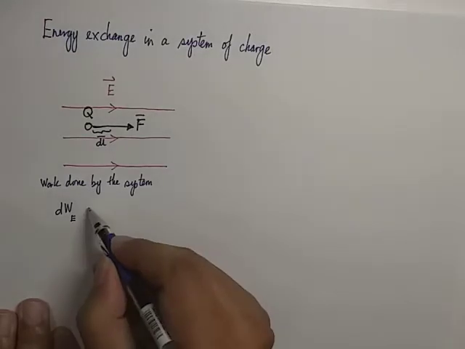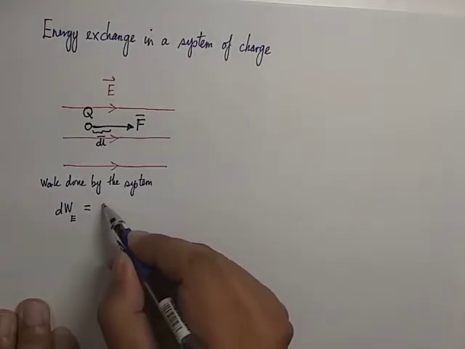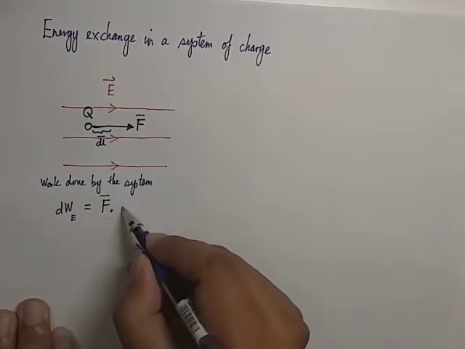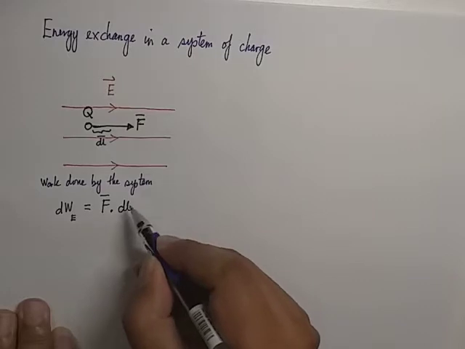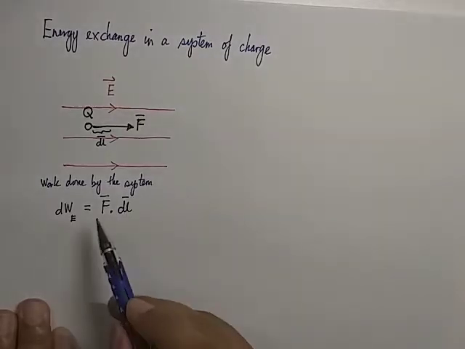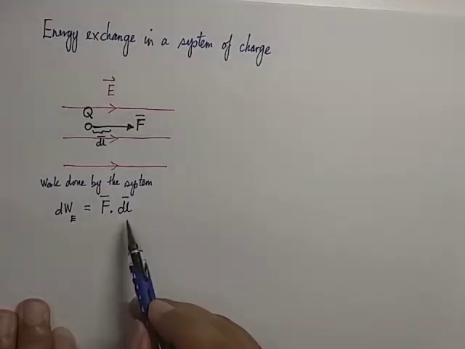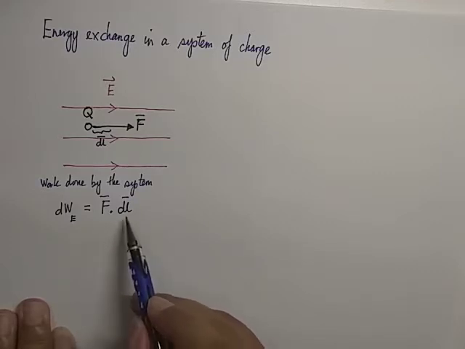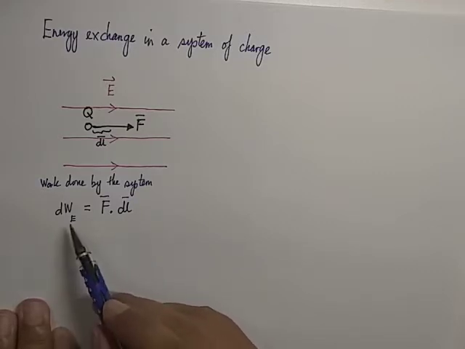And then we're going to say it is equal to, what is it? Force F dot dl. That's how we define work done. Force multiplied with length. And we know force is a vector, length is a vector, so energy is a scalar.